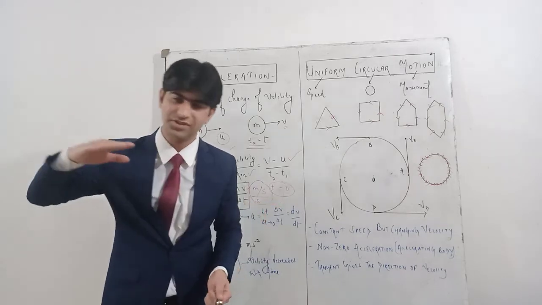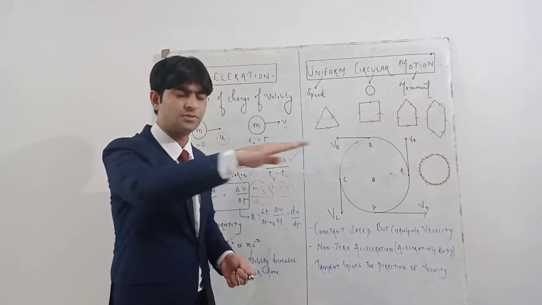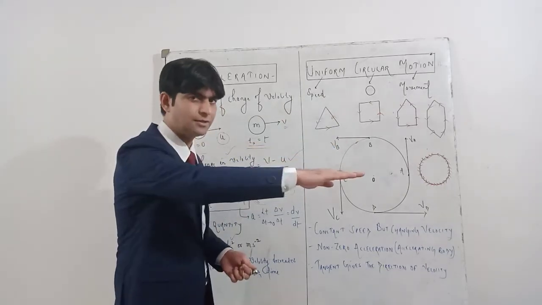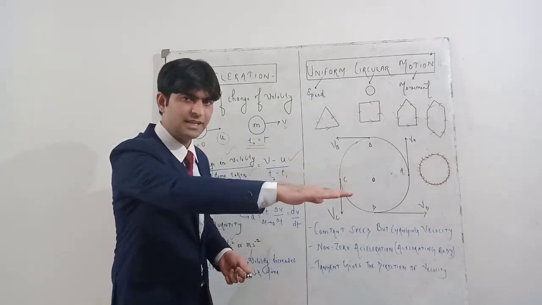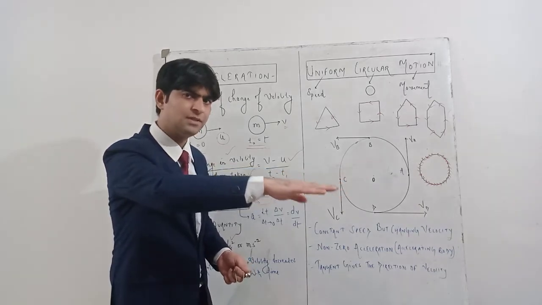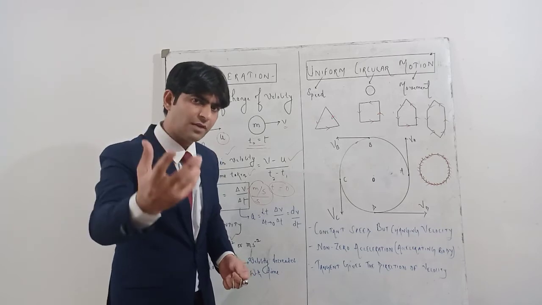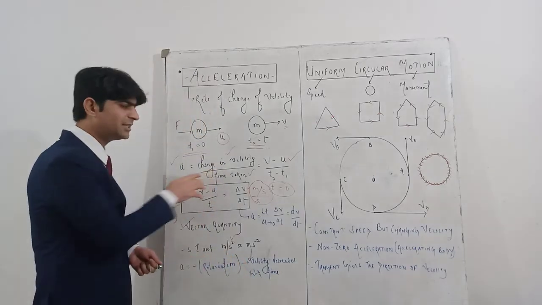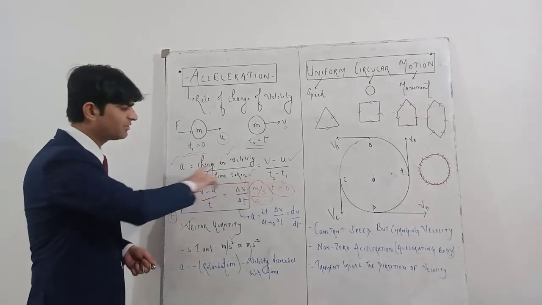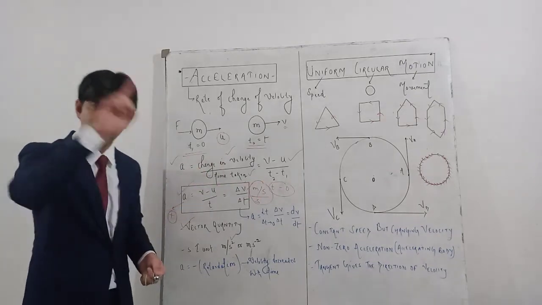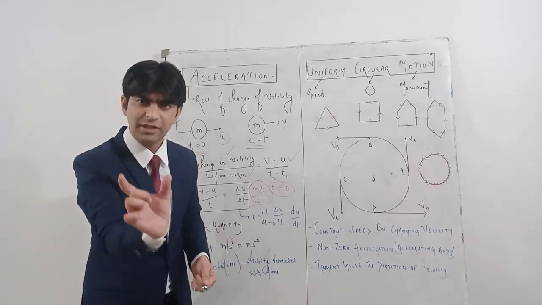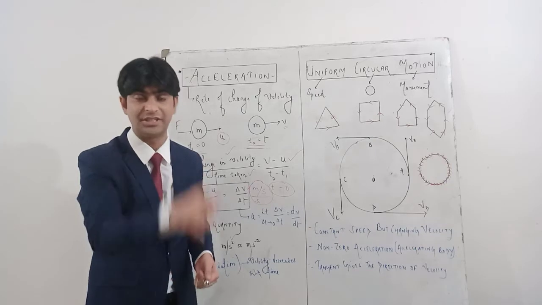If you move in a straight path, not a circular path, and if the speed is not changing, that means the body will have zero acceleration. Why? If the speed is not changing on a straight path, there will be no change in velocity. But when you are moving in a circular path, the magnitude is not changing, but the direction is changing.